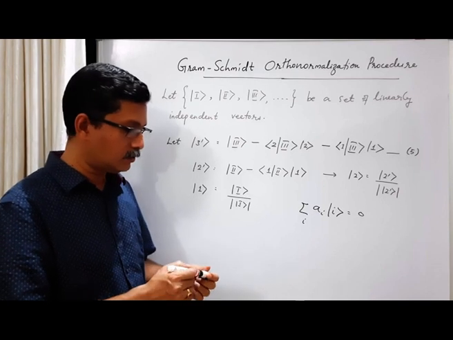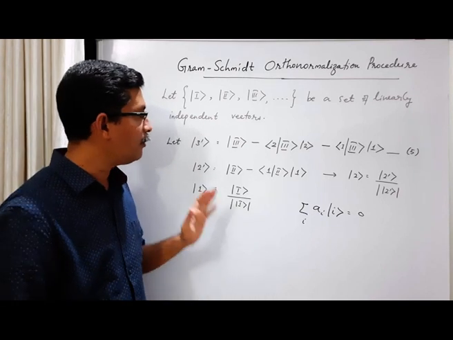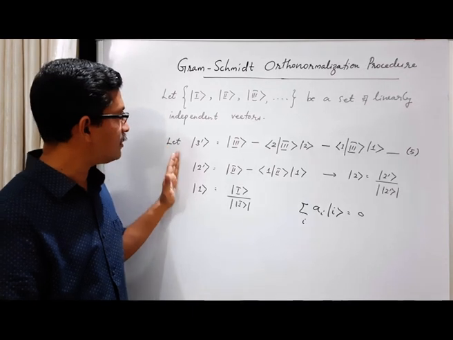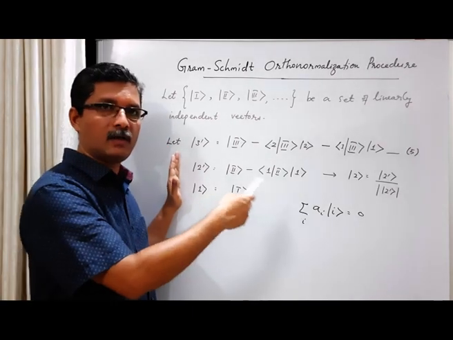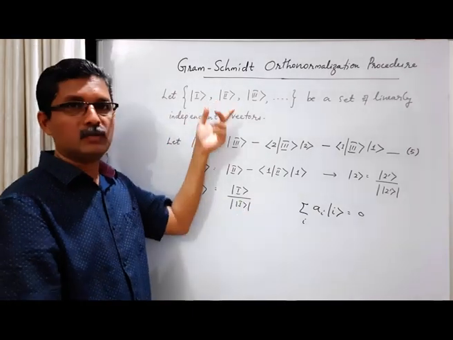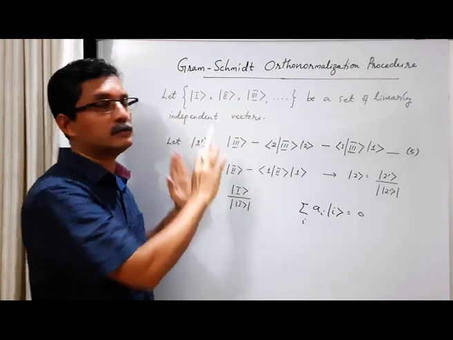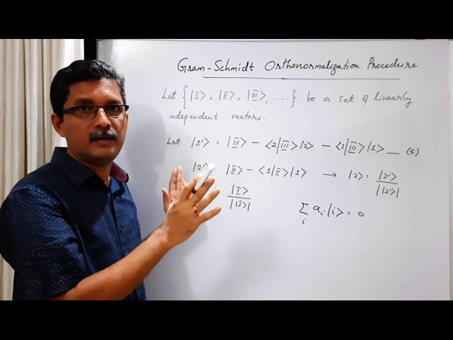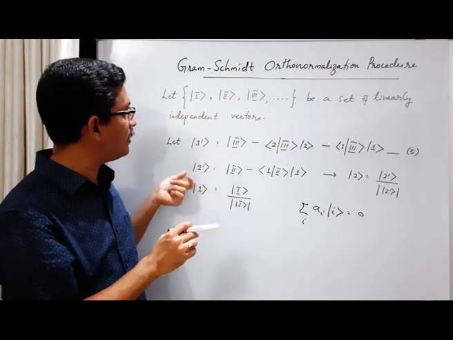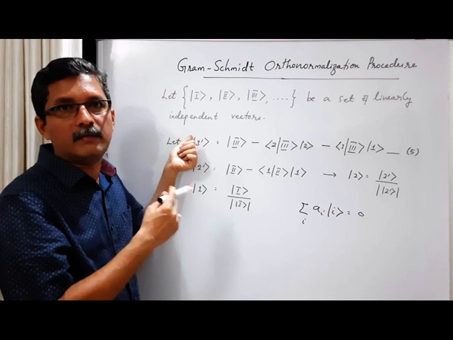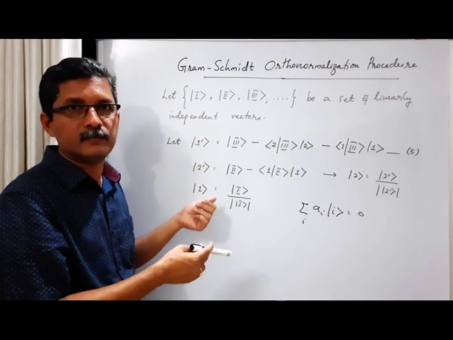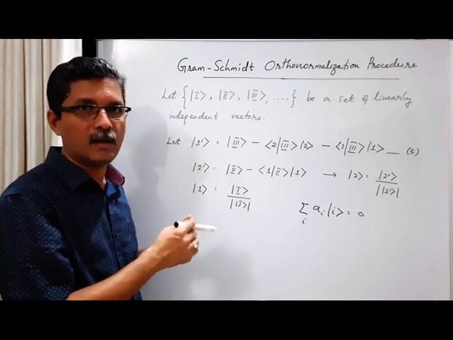So for this construction to happen, because this construction is basically taking proper linear combinations between this set, this linear combination cannot be equal to 0 if they are truly linearly independent. So it's because they are linearly independent that we get non-zero vectors in the orthonormal set. That's where this linear independence comes in.